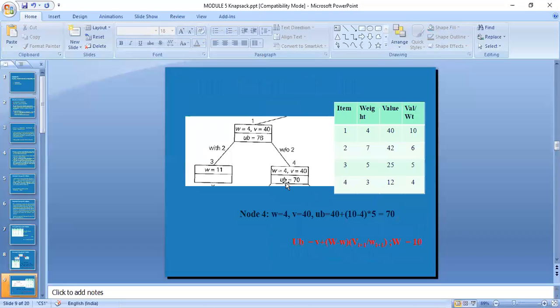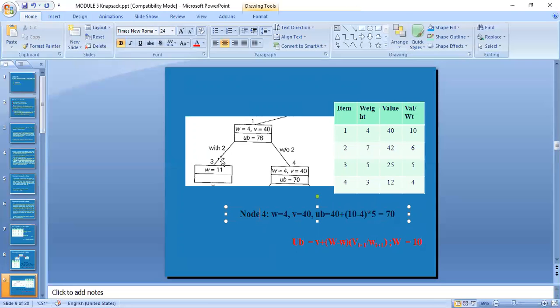So when you go with that, what will be your next level? The next level will be with item 2 and without item 2. So you need to calculate for node number 3 and node number 4. Now, for node number 3, what is the weight of the previous one? It is 4. Including the next item, what is the next item's weight? It is 7. 4 plus 7, total weight 11.